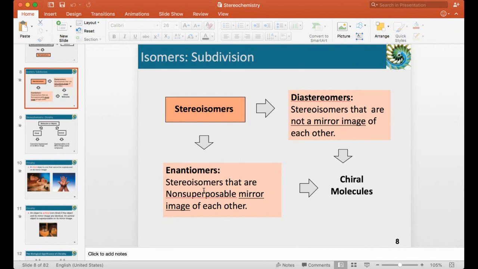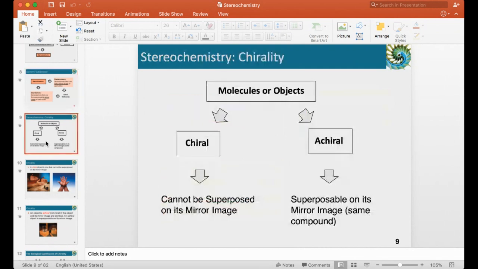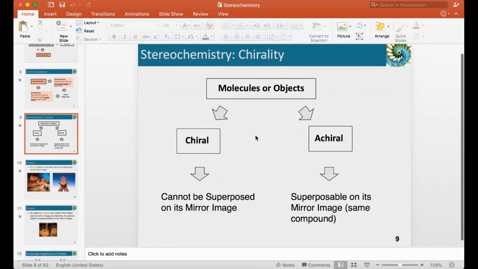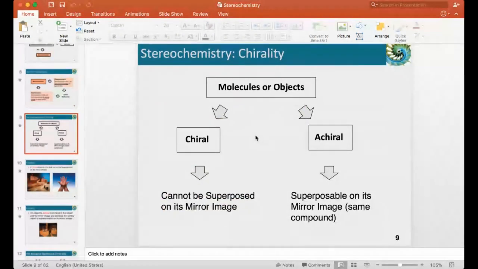So it looks pretty complex at first. And there is a way to simplify this. So these two molecules can be classified as chiral molecules. And I'm going to introduce a new definition, a new way to classify molecules or objects.